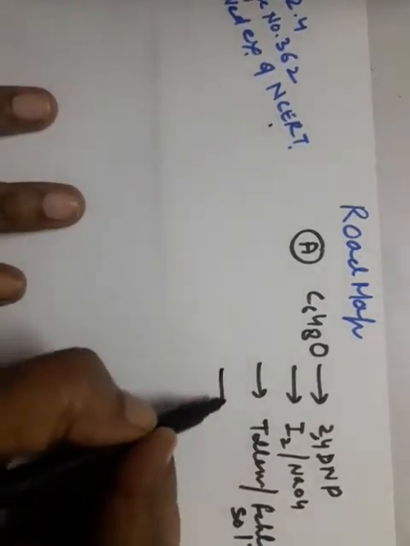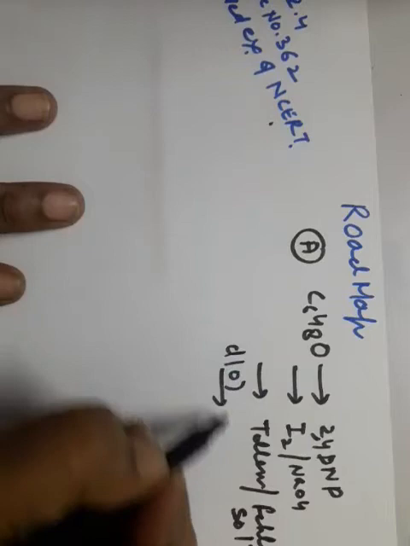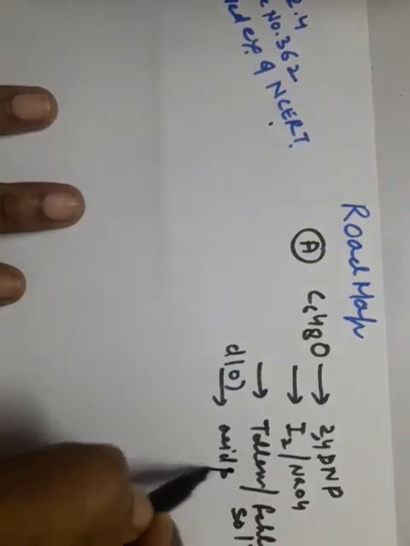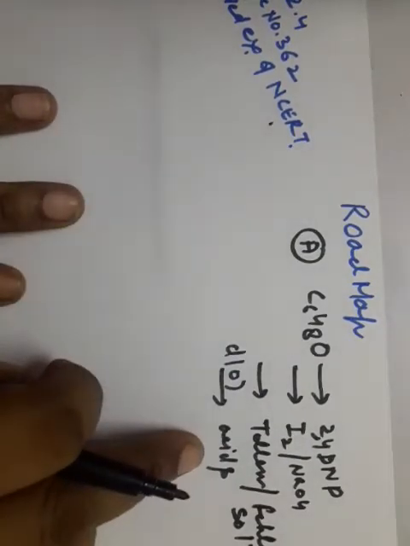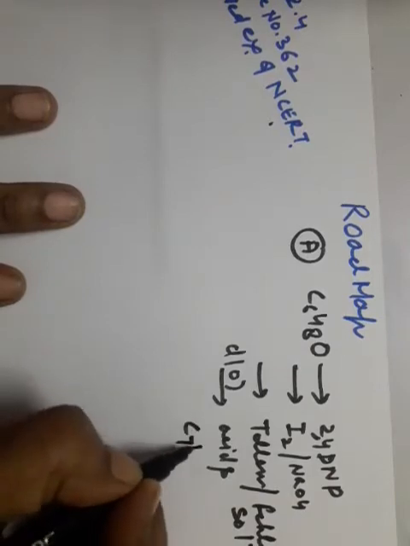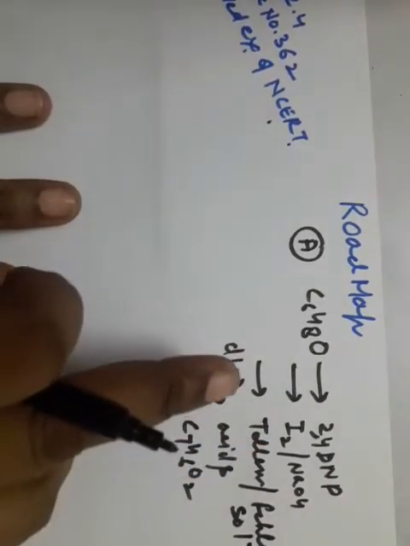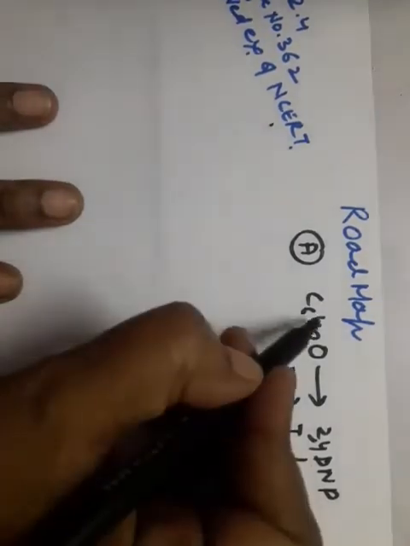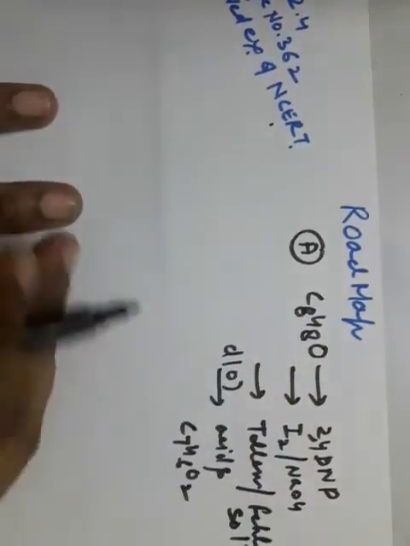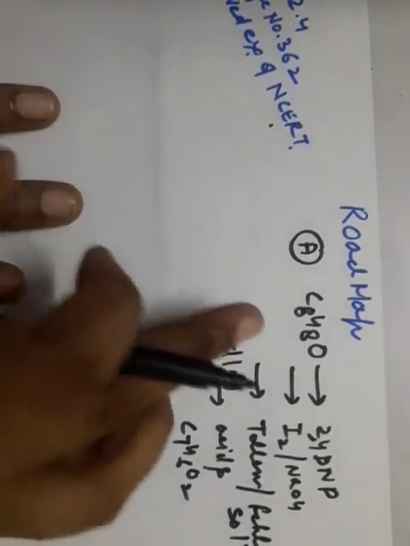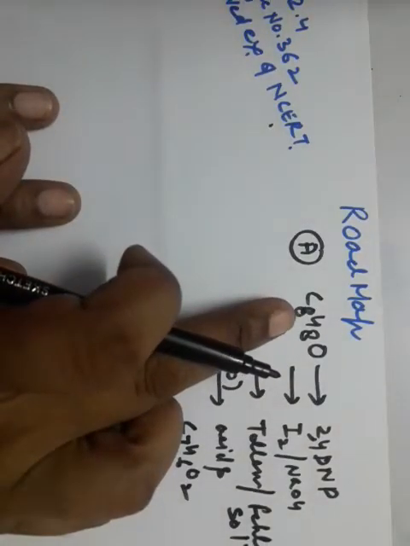Next, on drastic oxidation, it will give us an acid. And the molecular formula of the acid is C7H6O2. See students, whenever the carbon count is 6 or greater, first of all, we assume that it's a benzene.